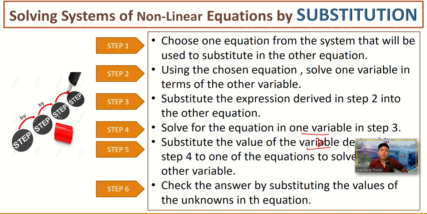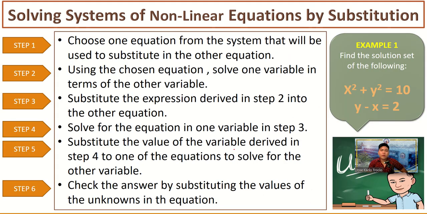Okay, let us have our example number 1. In the example number 1, you're going to find the solution set of the following: x squared plus y squared is equal to 10 and y minus x is equal to 2. Let us solve this using paper.